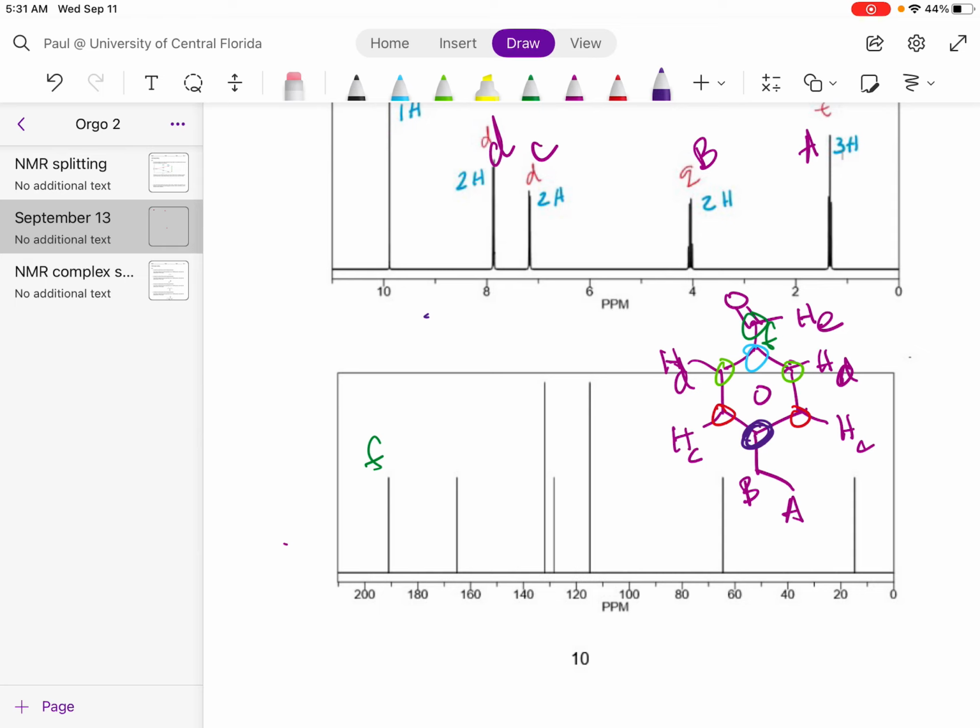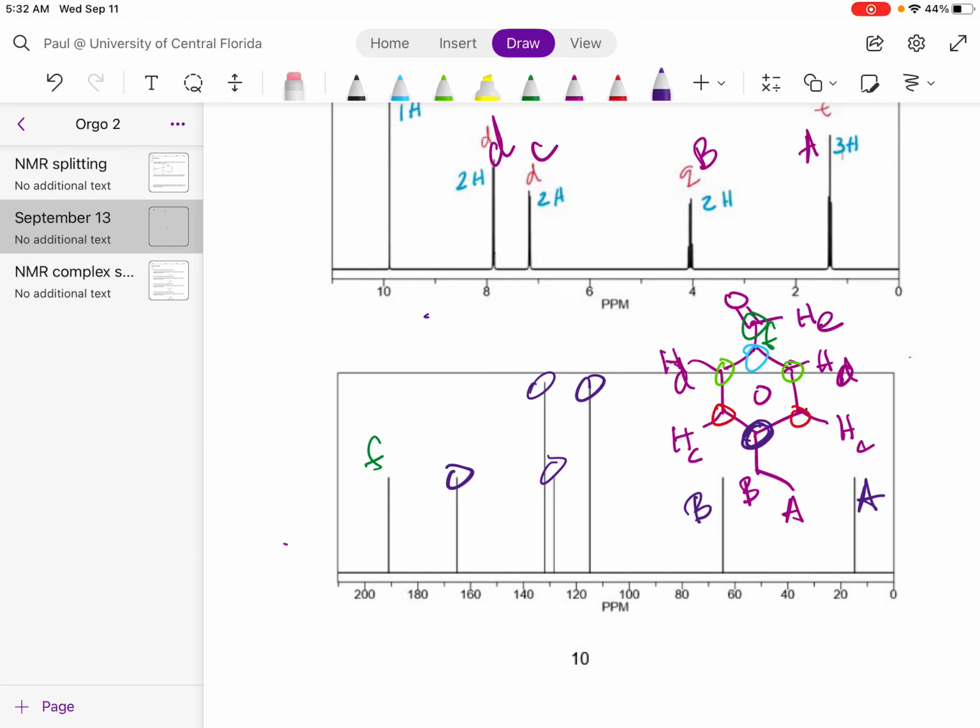So in the benzene ring, we have 6 carbons, obviously, but we only have how many signals? 1, 2, 3, 4. We would expect 4 right there. And so we see 1, 2, 3, 4, really downfield, indicating those are the benzene carbons right there. And then we would say that's carbon B, and that's carbon A right there.